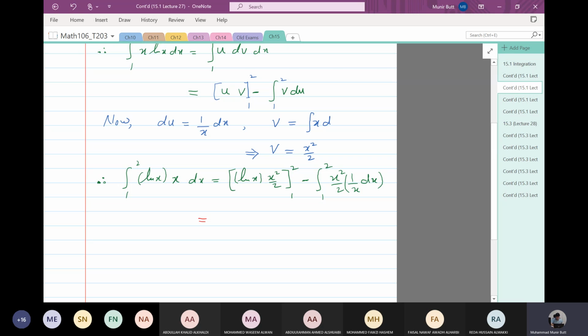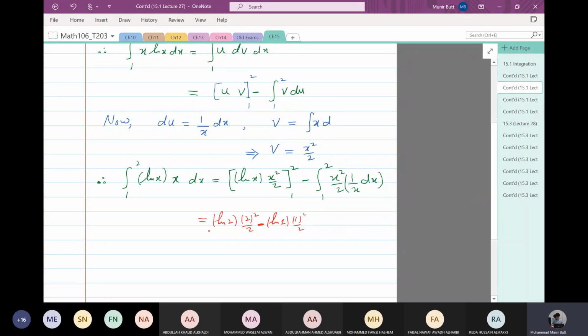So what will you simplify? You put the value of 2 here. So it will be ln of 2 times 2 square, which is 4, or you can write 2 square over 2, and minus, this is the formula, ln of 1 times 1 square over 2.